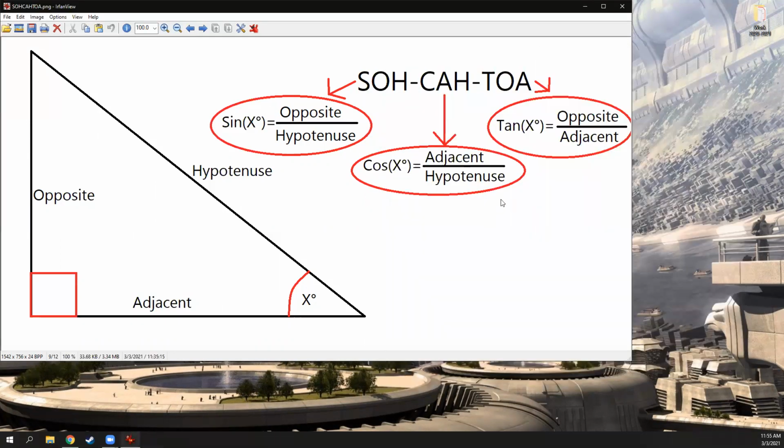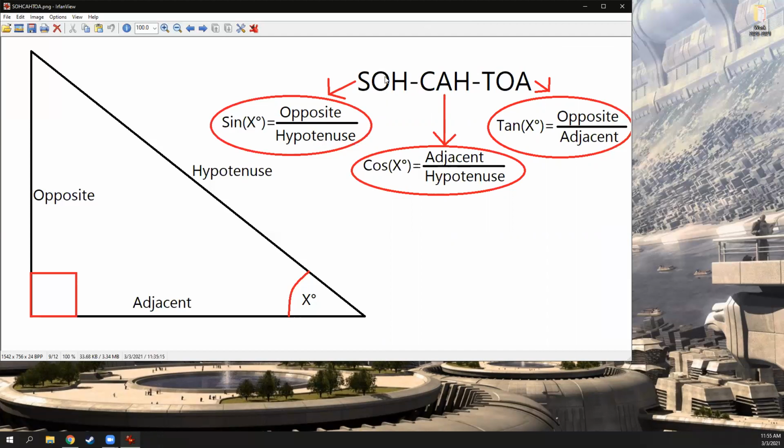And how do you use them correctly? Well, SOH-CAH-TOA. If you memorize this, it all makes sense. So what does SOH mean? It means sine of the angle equals O, opposite, over H, hypotenuse.